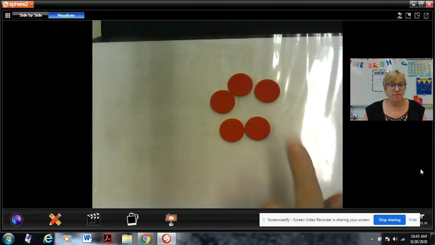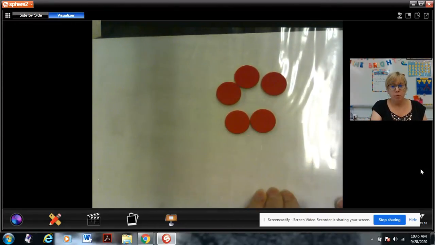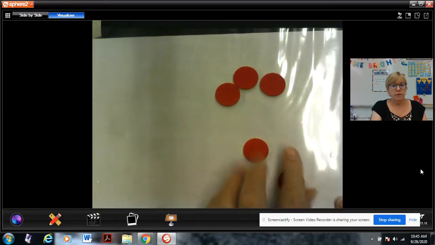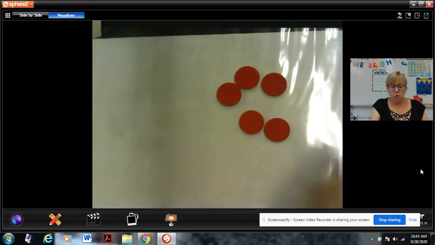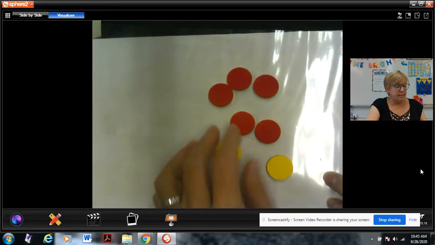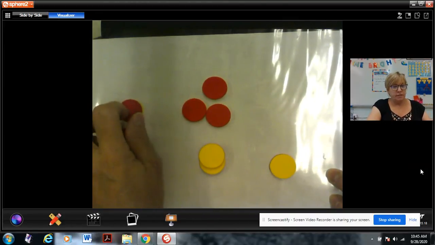So if there's 5 here and there's 2 fewer people playing jacks, that means that there would be 1, 2, 3 people. So what I'm going to do, so I don't forget that, I'm going to add the 3. Since I figured it out, there's 5. 2 fewer than 5 is 3.